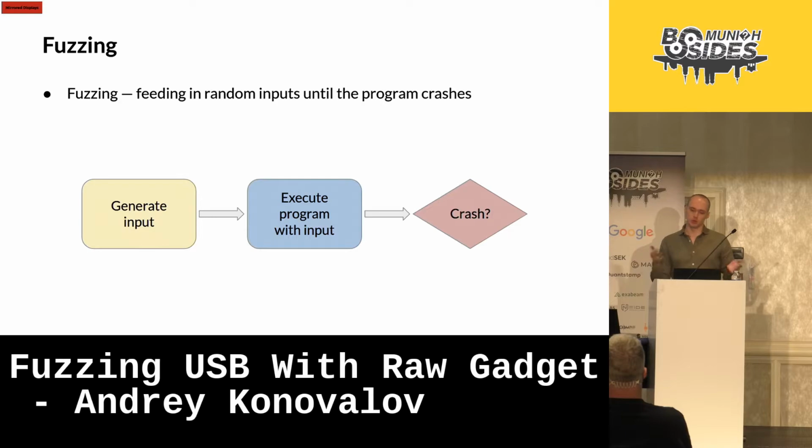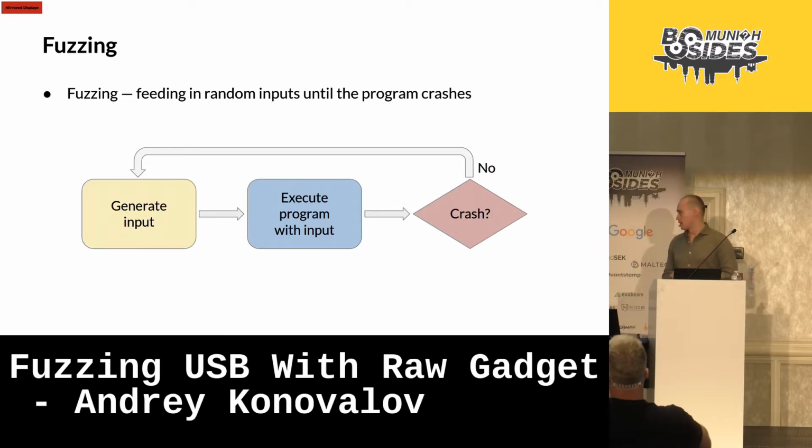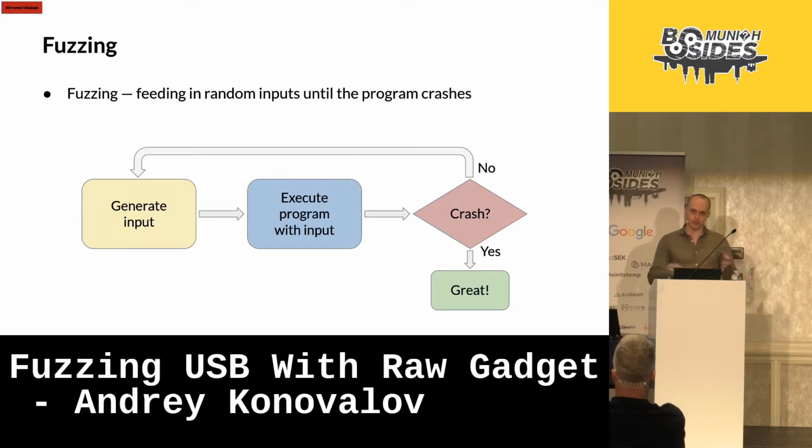For example, the program could have segfaulted. And if the program didn't crash, you just generate a new input and you keep going. And if at some point the program crashed, that means great, we have found a bug, because we generated an input that triggered a crash in a particular program. That is a definition of a bug, at least one of the definitions.